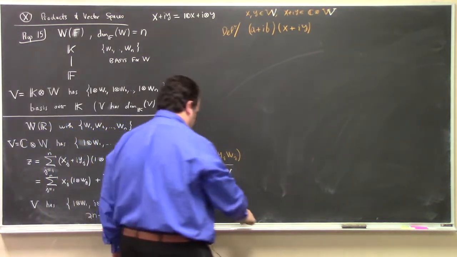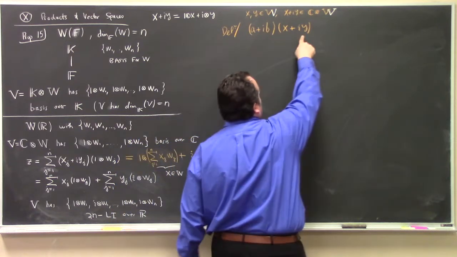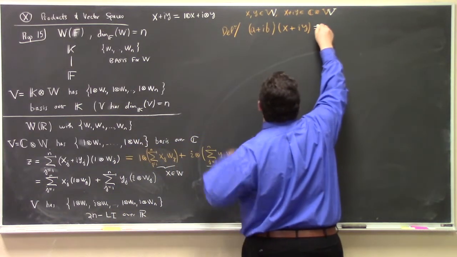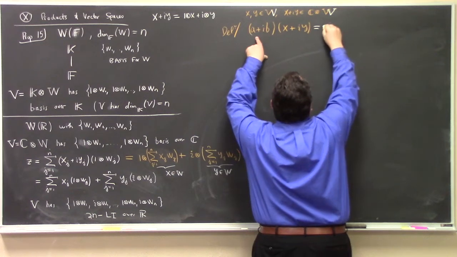But the way I define the complex scalar multiplication in linear algebra is just to say you multiply like you'd expect.